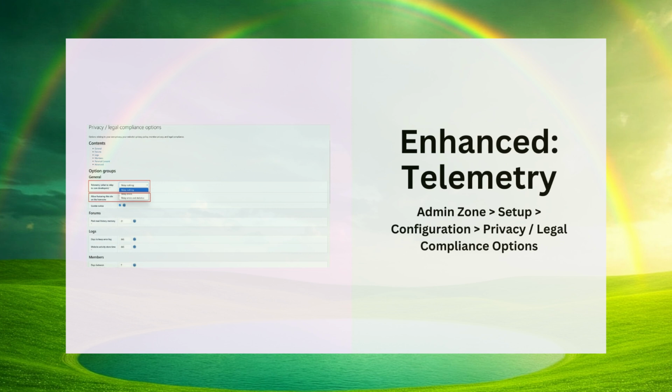For telemetry, you have three options: either Relay Nothing, which disables telemetry completely, Relay only error messages that you encounter, or Relay Errors and Statistics, which will not only relay errors, but some basic statistics such as the number of members on your site and the number of page hits you get.